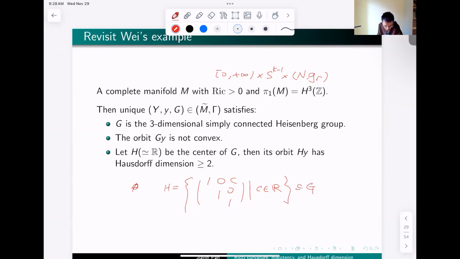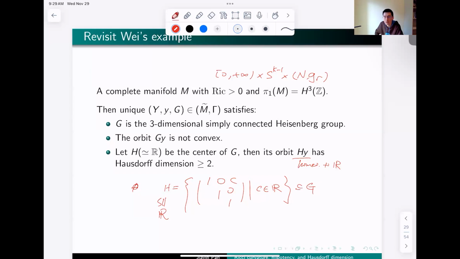If you take the center and consider its orbit, H is isomorphic to R, by the way, that's clear. Then its orbit will be homeomorphic to R, but the Hausdorff dimension is at least 2.